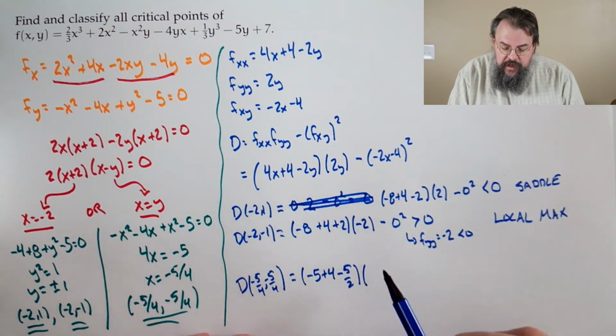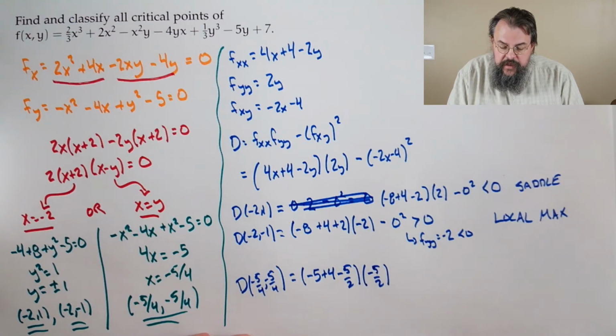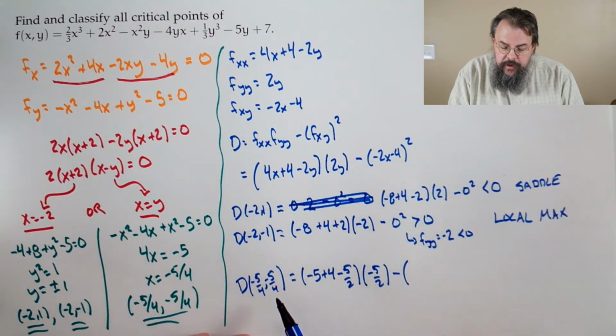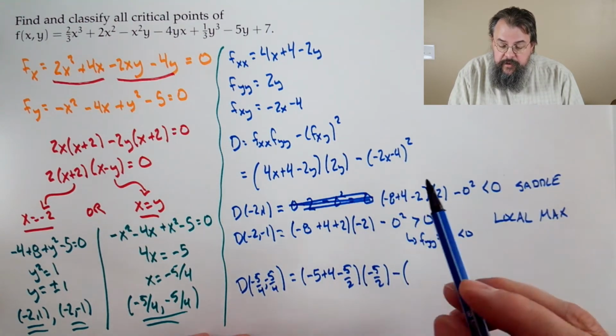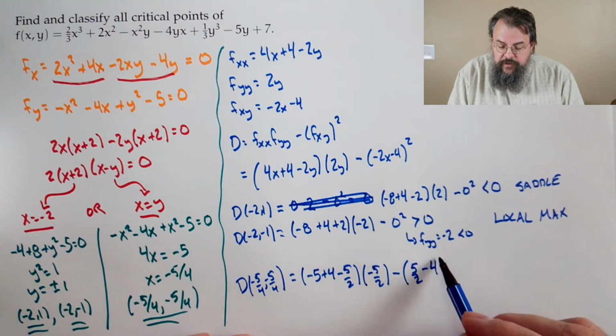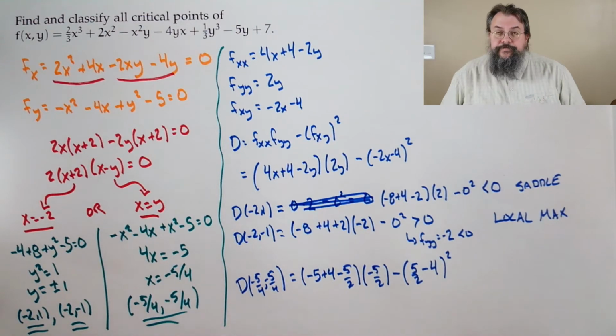Then we multiply it by minus 5/2. And then over here, we subtract: minus 2 times minus 5/4 is a positive 5/2, and subtract 4, squared.